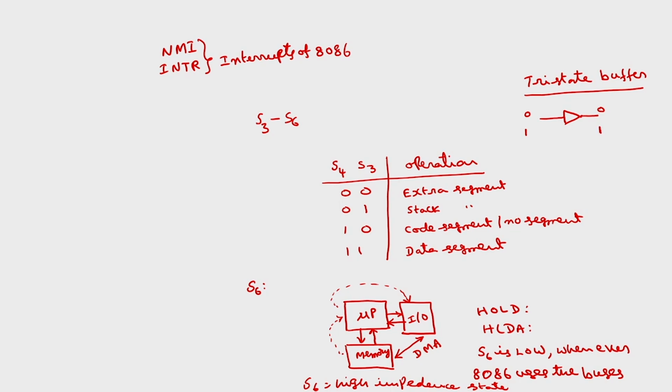This is called a two-state buffer. If I want tri-state, I have to incorporate one more control signal C here. If C is equal to 1, it is normal operation: if input is 0, output is 0, and if input is 1, output is 1. If C is equal to 0, then the buffer will enter into tri-state.